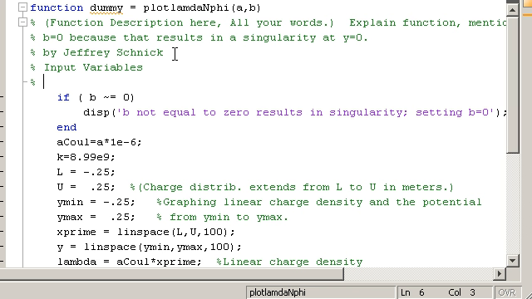Percent A equals slope of linear charge distribution as a function of x prime.